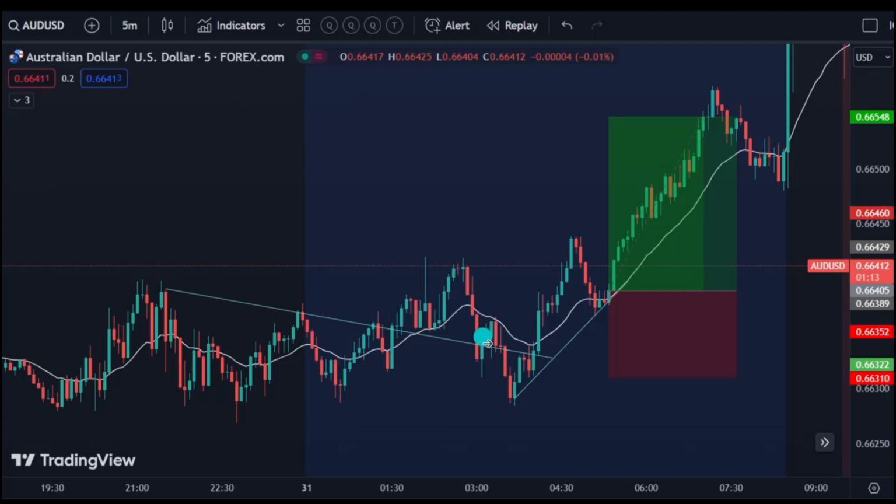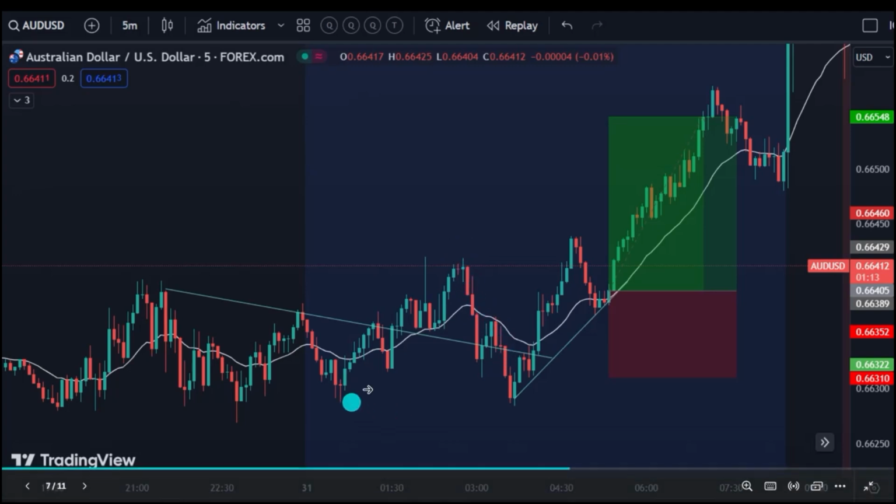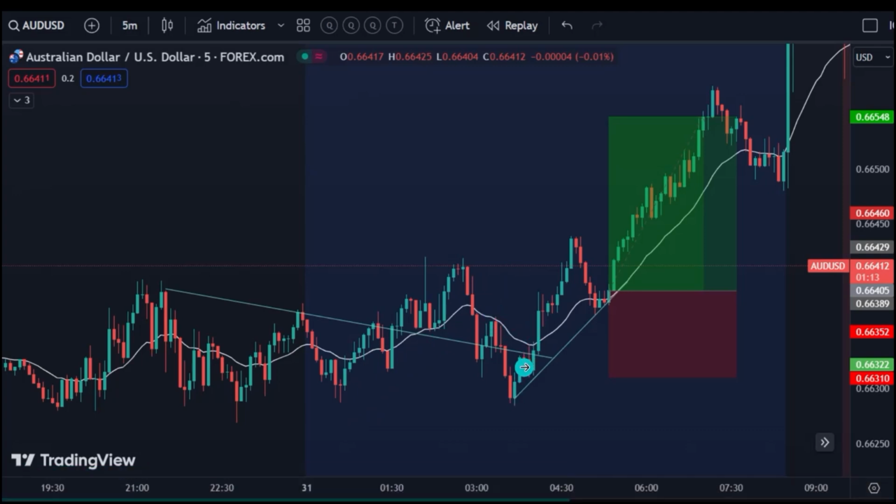Price takes the liquidity, moves to the downside, and we can look for a downward 3 Trendline Touch, which happens here after price broke this trend line. However, once the third touch happens, price crosses back above the 20 EMA and then heads towards this liquidity. We see 1, 2 Trendline Touch, and this Trendline Touch is too close to this liquidity, so we're waiting for price to come back below the 20 EMA.